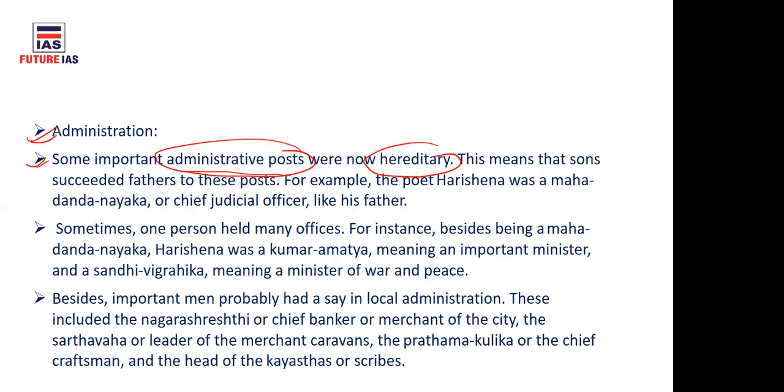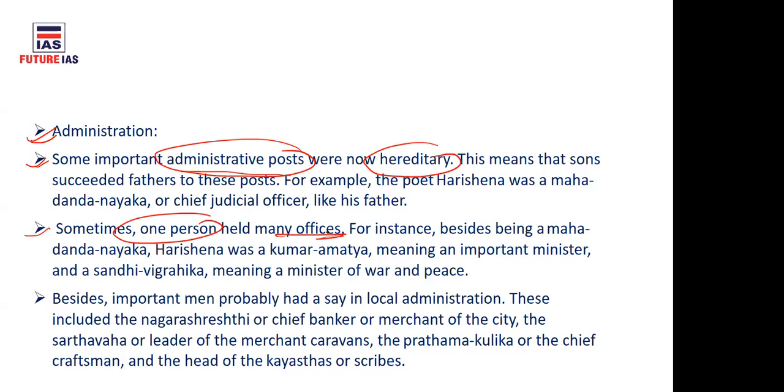For example, the poet Harisena, the Mahananda Nayaka, also called the chief judicial officer, was like his father. That means Harisena's father was also the chief judicial officer, because of the hereditary conditions related to certain important administrative posts. And sometimes one person held many offices.